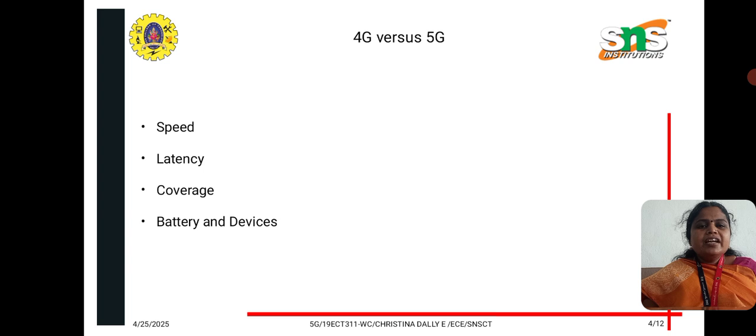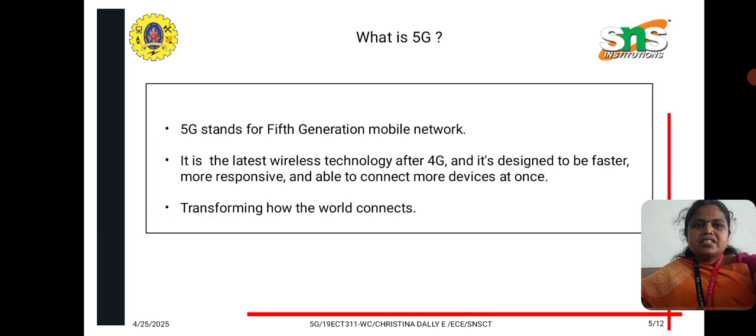So we can cover more distance. We can cover all that coverage when compared to the fourth generation. Coming to battery and devices also, compared to 4G, 5G will be much faster and larger.